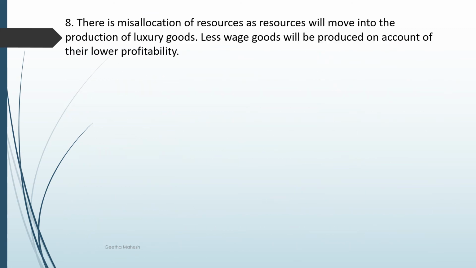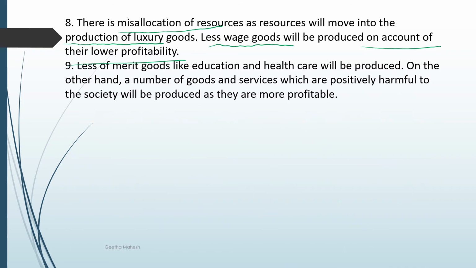In a capitalistic economy, there will be a misallocation of resources, because resources will be moved in order to produce luxurious items. They allocate very few resources for the production of low-priced goods as they bring less profit for them.